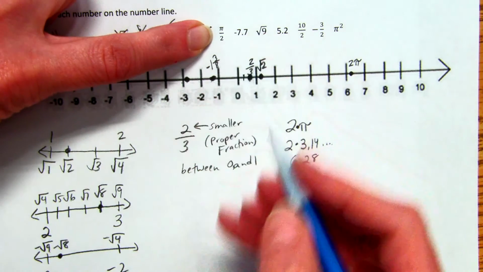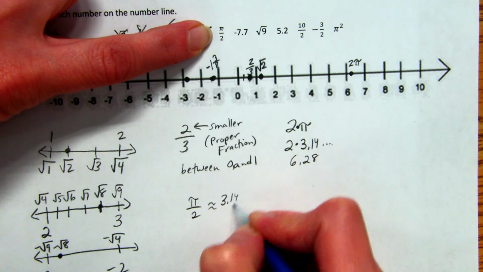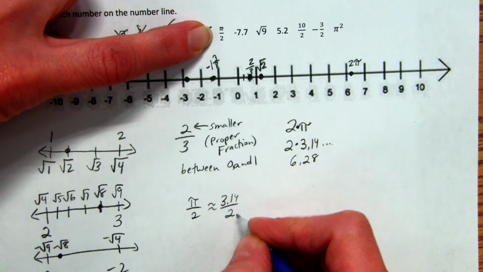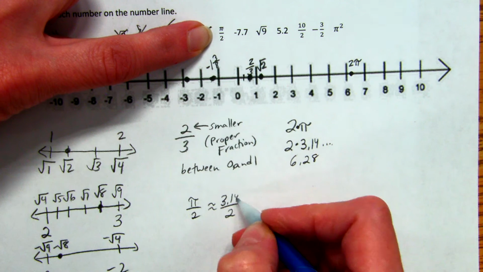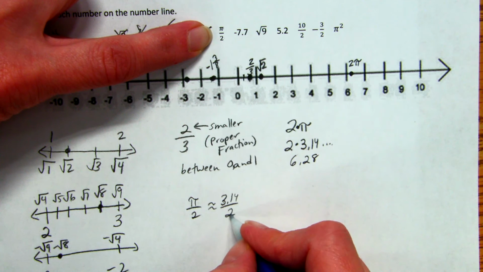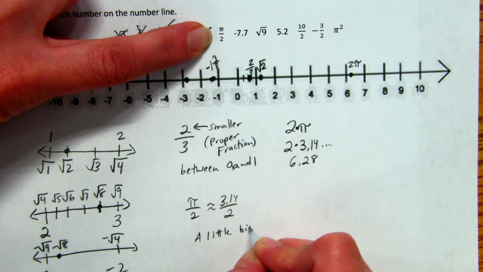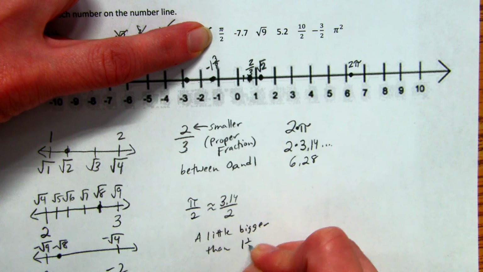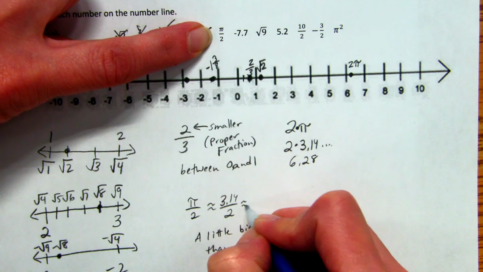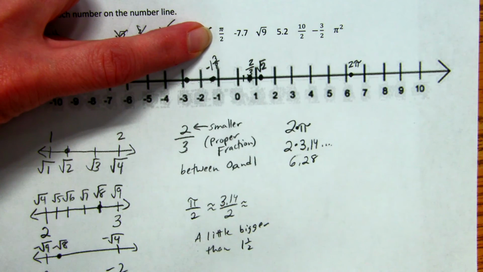Okay, pi over 2 would be about 3.14 over 2. And so if you just think about this being 3, half of 3 is 1.5, so a little bigger than 1.5. And if you did this on your calculator, you could get a number for that.